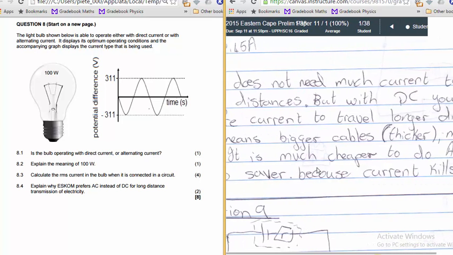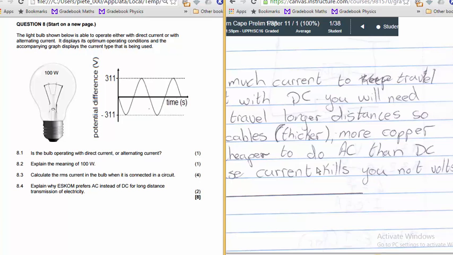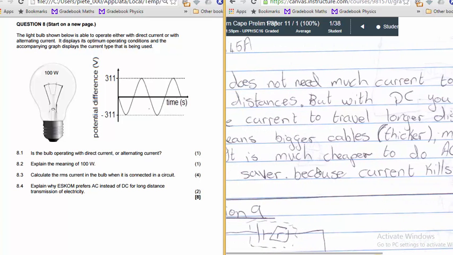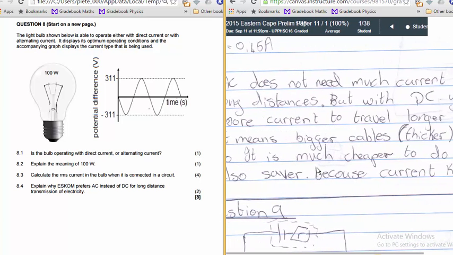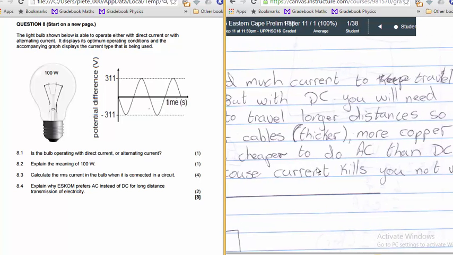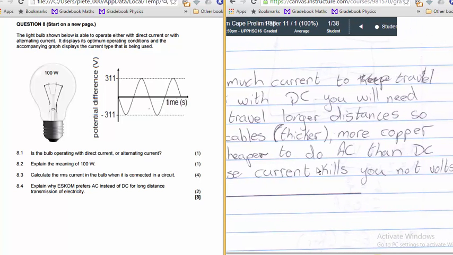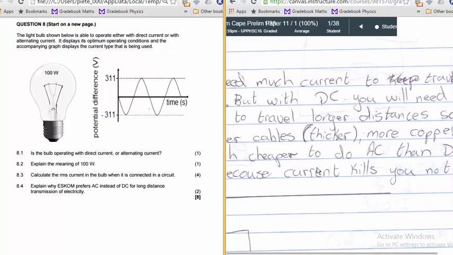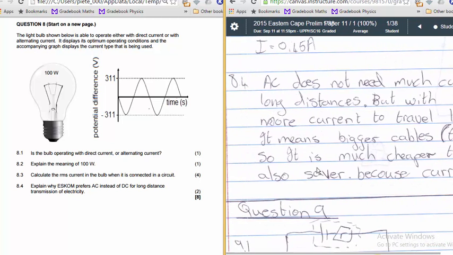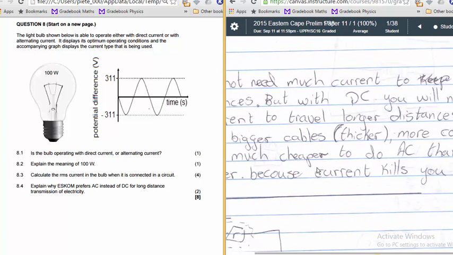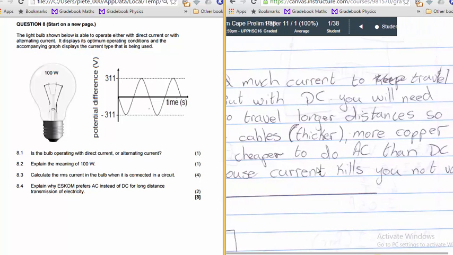So it is cheaper to do AC than DC. Also safer because current kills.